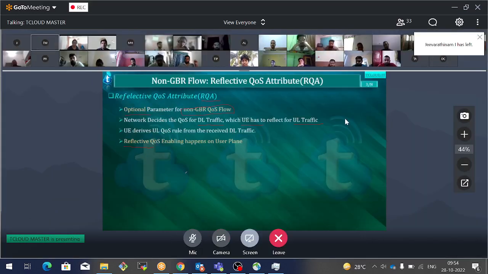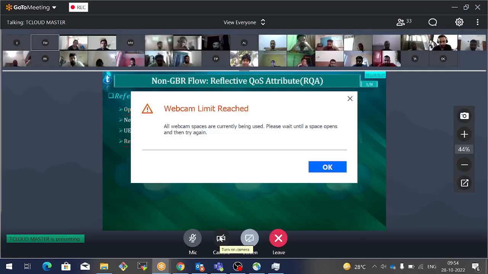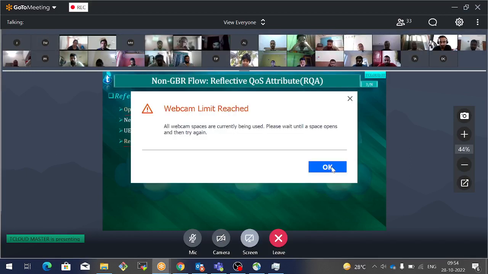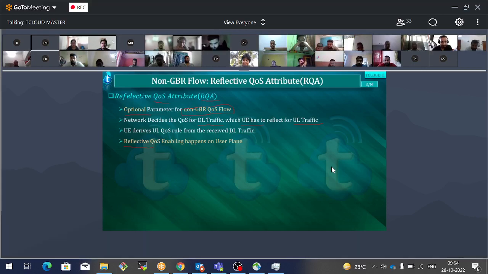So network would set the downlink quality of service properties and ask the mobile equipment that, hey, you have to implement the same quality of service in uplink as well. So you will have to derive these quality of service properties from downlink traffic.